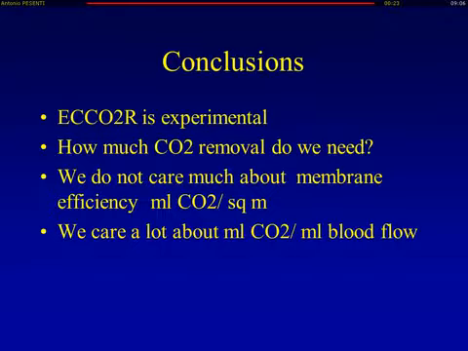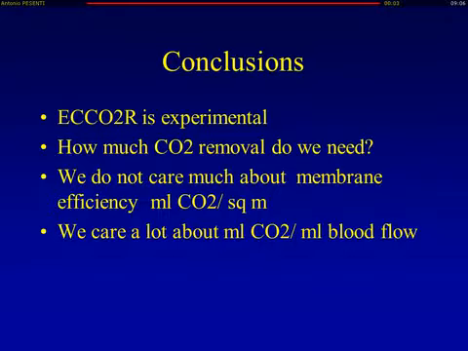If we want to be successful with CO2 removal, we need efficient systems that remove a lot of CO2 from a very small amount of blood, because we need simple, low invasiveness systems, something like hemodialysis.